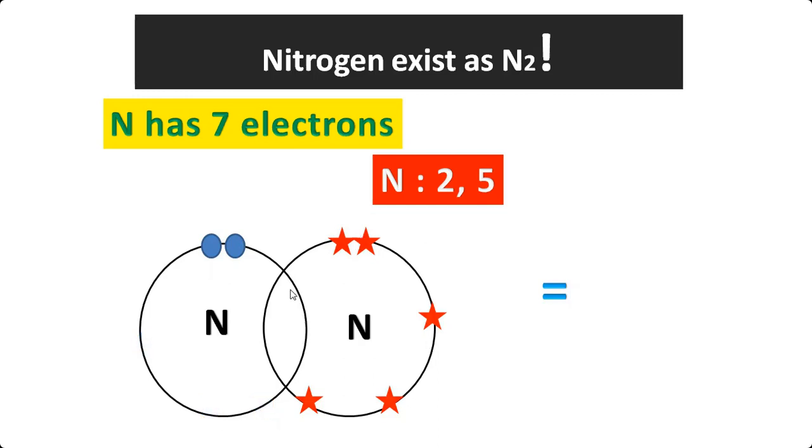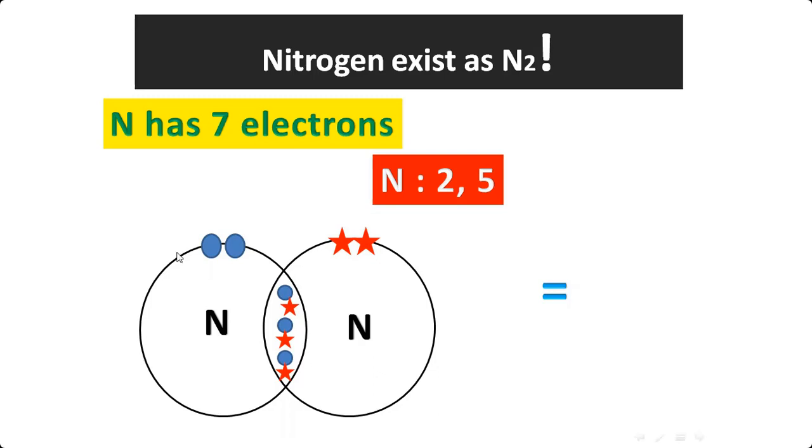After contributing these 3 electrons from both nitrogens, we get 6 electrons in the sharing area. So we have 3 pairs of shared electrons. Actually, this is the definition of covalent bonding, which is sharing electrons. As we said, we have 6 electrons in the sharing area, which means we have 3 bonds.